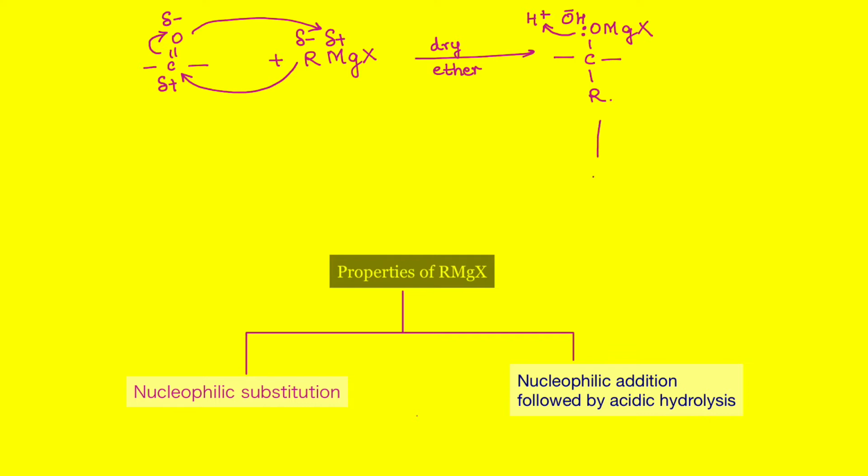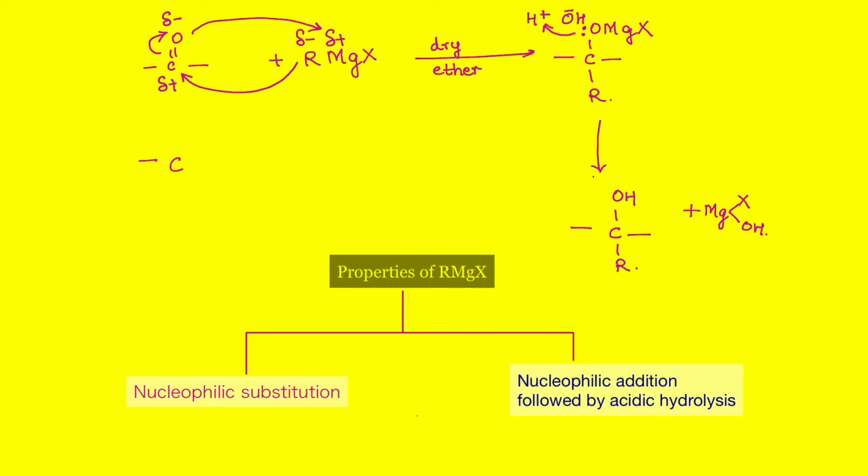With the result, this particular bond will now transform itself into OH single bond R. Interesting, right? And of course, our magnesium will depart with the halogen and the OH from water.